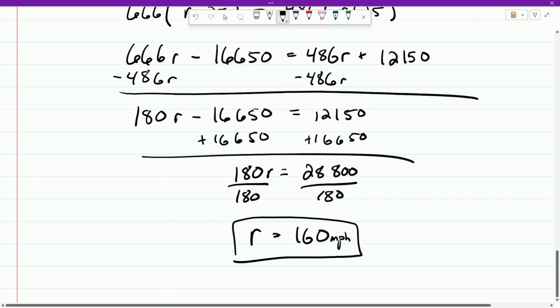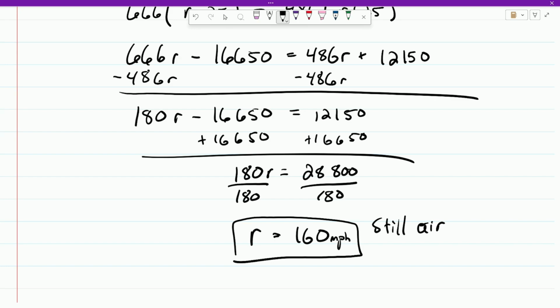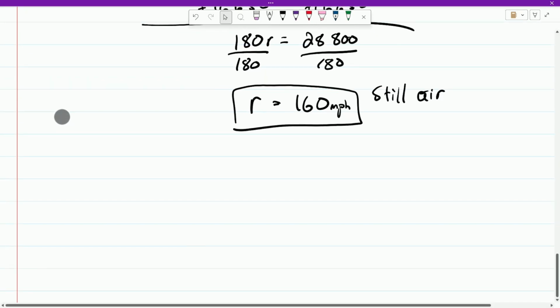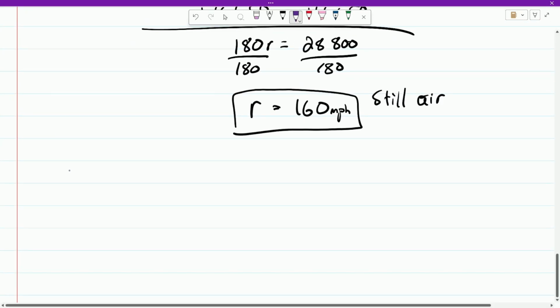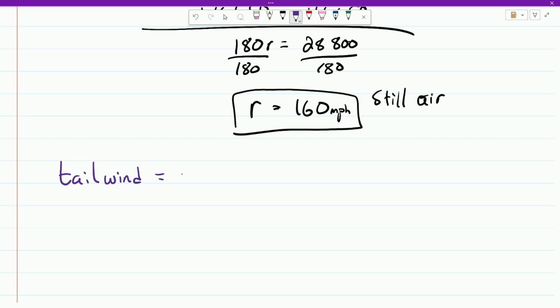All right. Now, the thing we have to remember is this is how fast we would be moving in still air, meaning there's no wind. However, we have wind. So in purple, our tailwind speed is going to be 160 plus 25, which is 185 miles per hour.